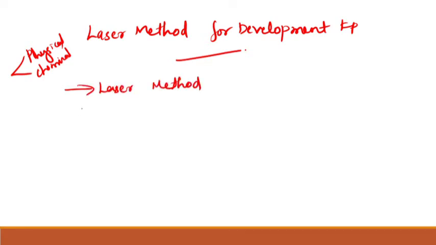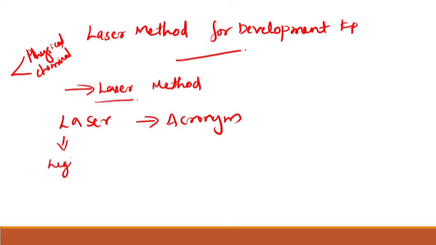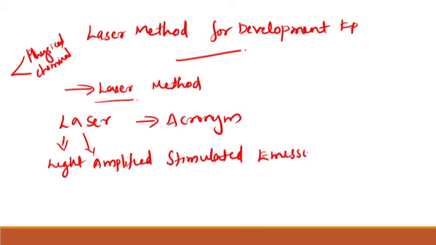So first of all, what is laser? Laser is an acronym. It is an acronym of what? L for light, A stands for amplified, S for stimulated, E for emission, and R for radiation.